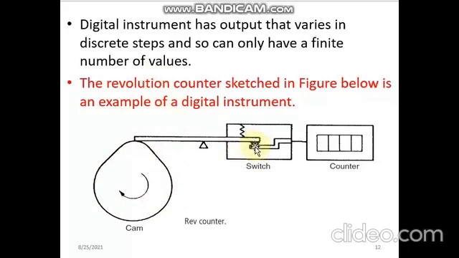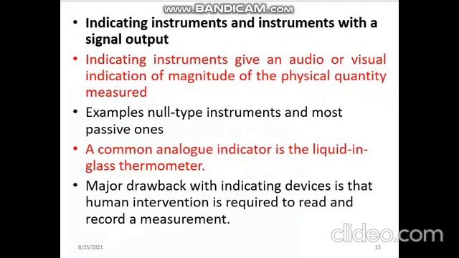Whenever that happens, we'll have a reading of 1 here. When it goes around again and comes to this point, you have 2, which means whatever happens in between is not being recorded. It's only the whole numbers 1, 2, 3 like that. So this is a digital instrument because the outputs are in discrete form, while the other one is in continuous form.